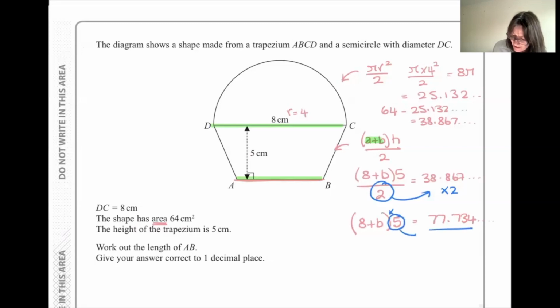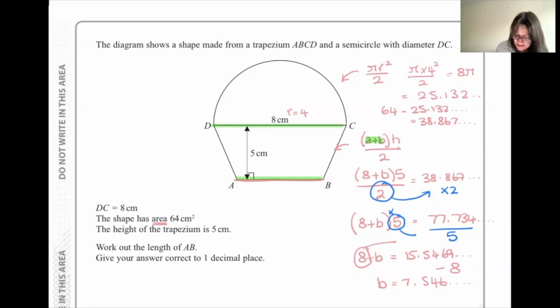It will land as divide on that side. So I've now got 8 plus B equals, and on it goes. I want to take off the 8 to get my answer for B, which is 7.546. On and on it goes.